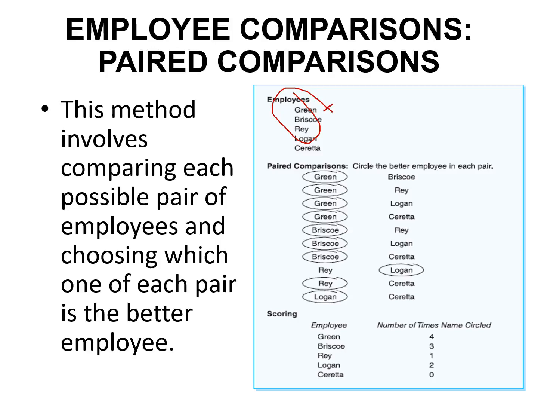What you're going to do is compute how many combinations you will come up with, then list all those combinations and decide which of the two is better. To determine that a certain employee is doing well, you count how many times you have chosen that employee over another employee. That's why Green ended up as the top one, because he was chosen 4 times over another.